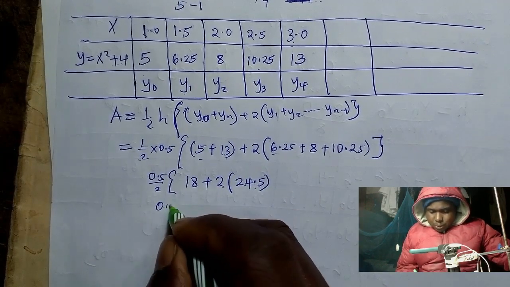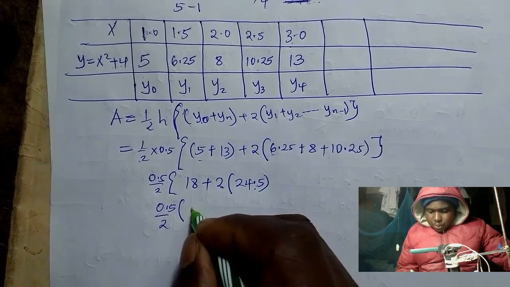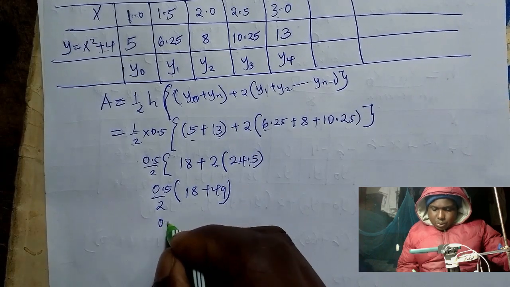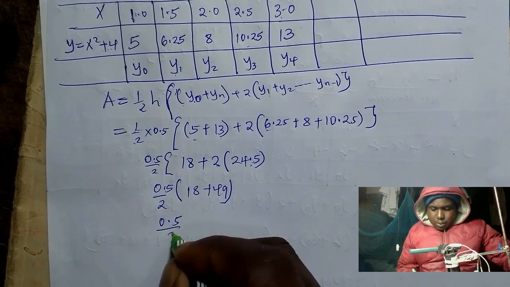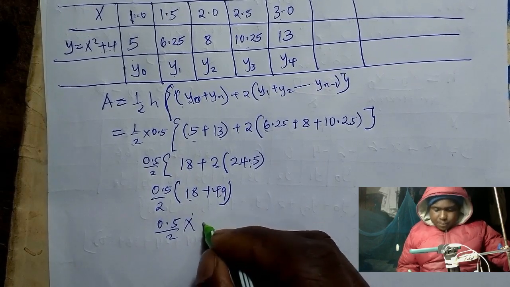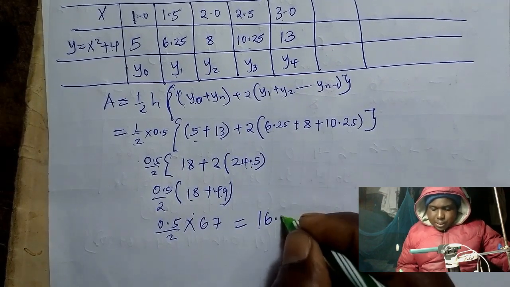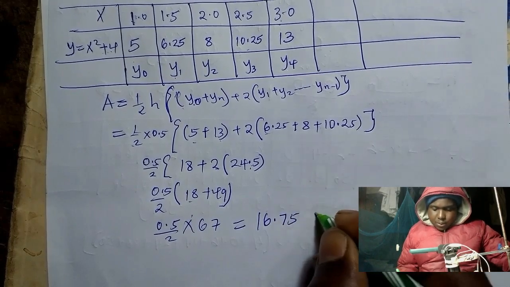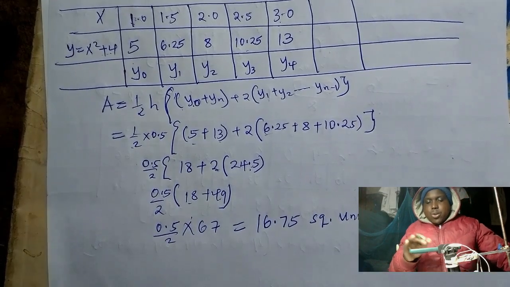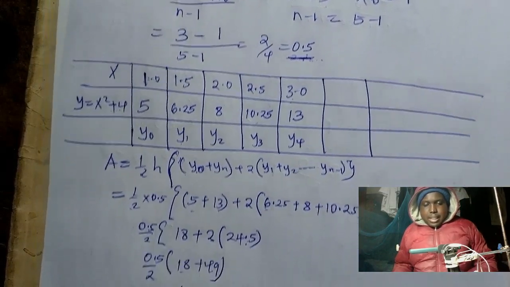So we have 0.5 over 2 times 18 plus 49, which is 67. Use your calculator, it will give you 16.75 square units. And that is how you get your area very comfortably like that.